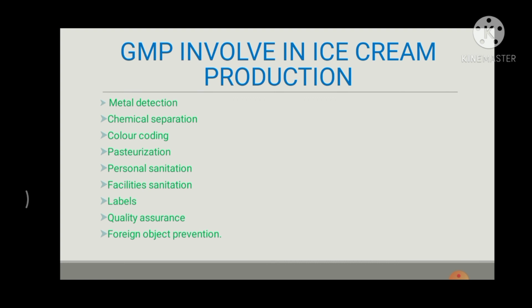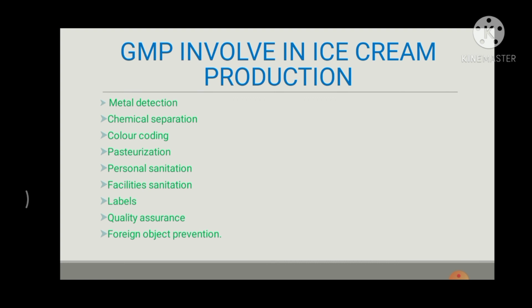Moreover, labeling is also important because we need to put labels on the finished product to list the ingredients, allergens, and lot code data for traceability. Then quality assurance.